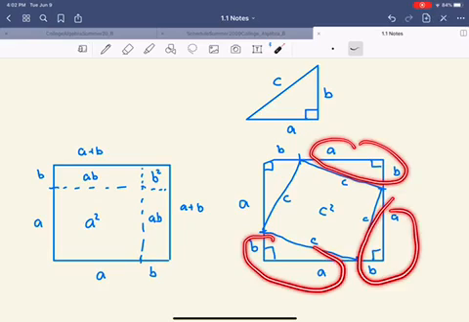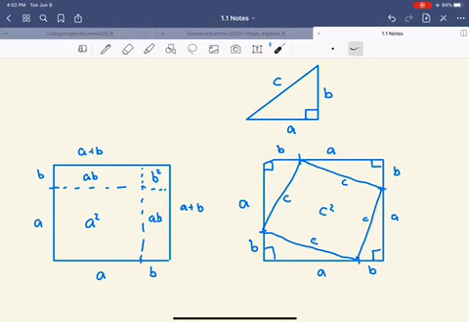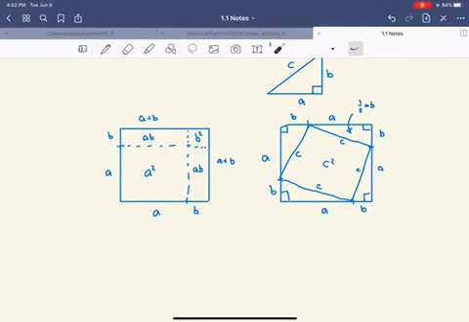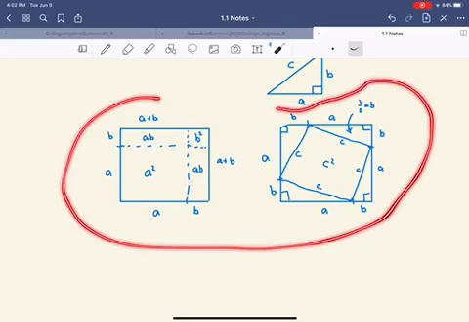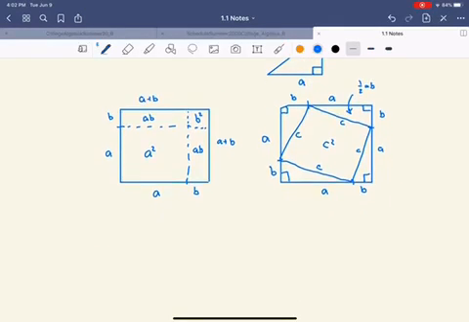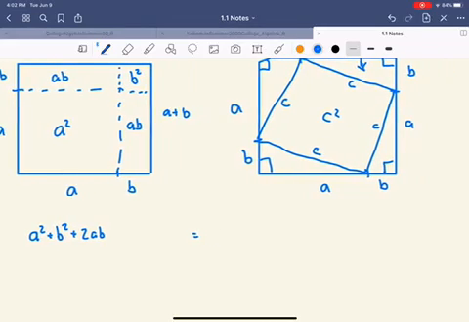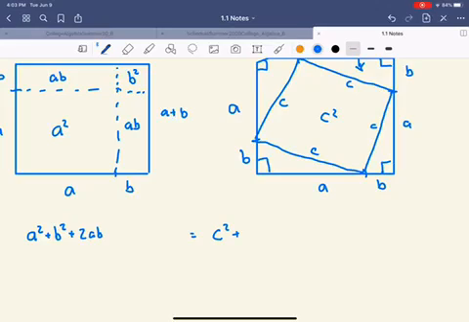Well, we know the area of a triangle is 1/2 AB. Okay, so since we know that these two squares are the same, then we must have a squared plus b squared plus 2ab has to equal, on this side, c squared plus, there's 4 of these little triangles with 1/2 AB being their area.